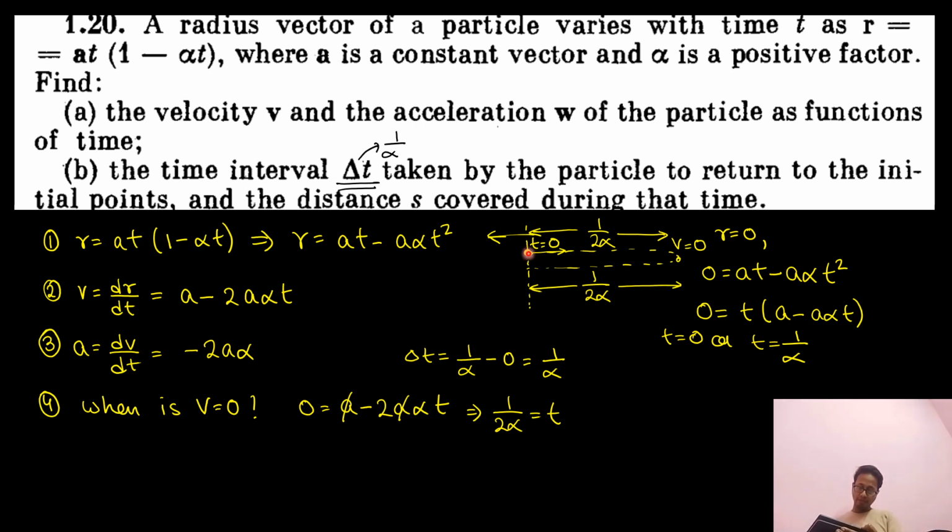So if we find the displacement from this position to this position and multiply it by 2, I can get the total distance. So the displacement from 0 to 1 by 2 alpha second is equal to how much?